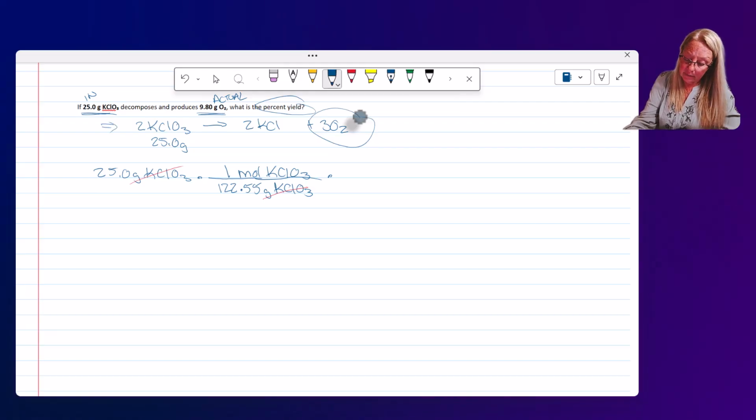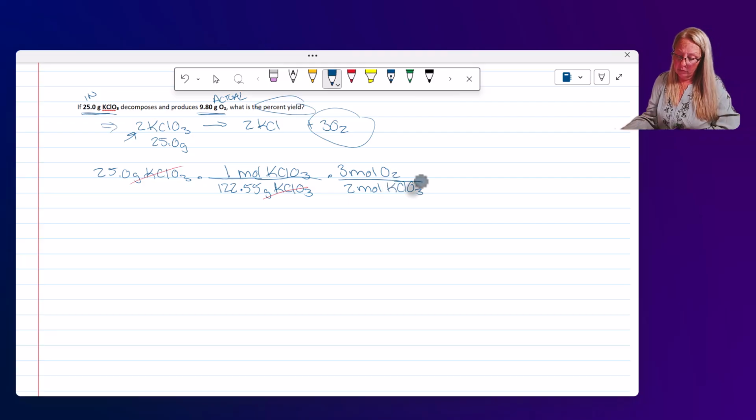So what is my mole-to-mole ratio? The thing I want, I'm going to put on top: 3 moles of O2 divided by 2 moles of KClO3. Cool. Now what cancels out? My mole KClO3 cancels with mole KClO3.